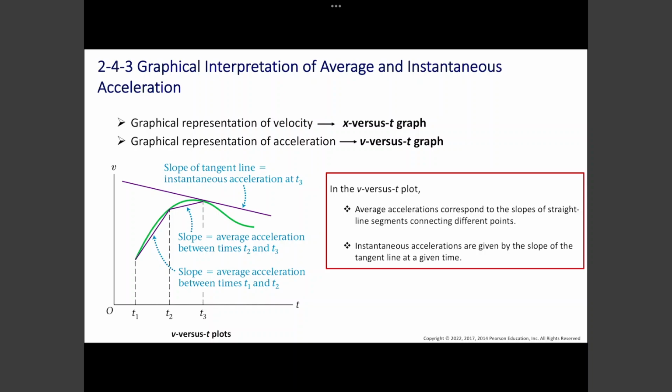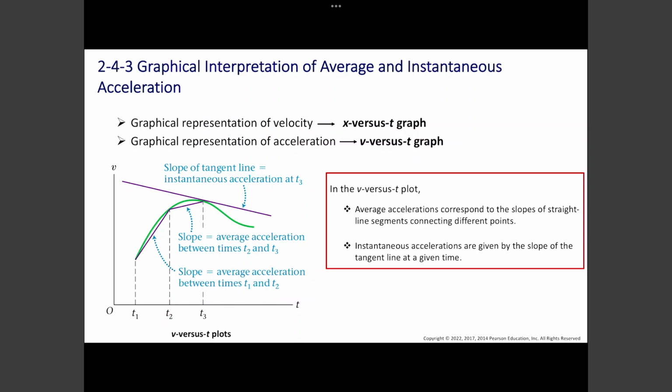As we said earlier, in the x versus t plot, instantaneous velocity is the slope of the tangent line. Similarly, instantaneous acceleration is given by the slope of the tangent line at the time t3 in this case, and the average acceleration is given by the slope of the line segment between the two corresponding times.